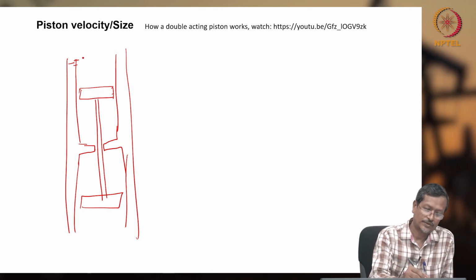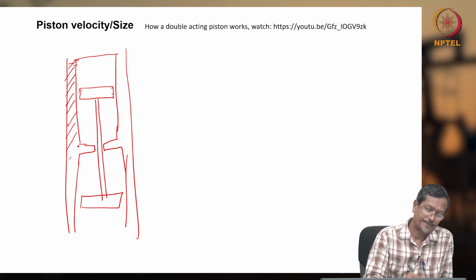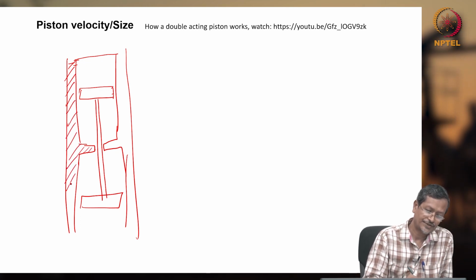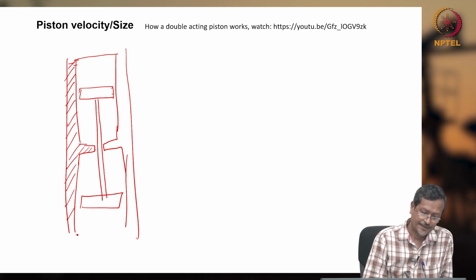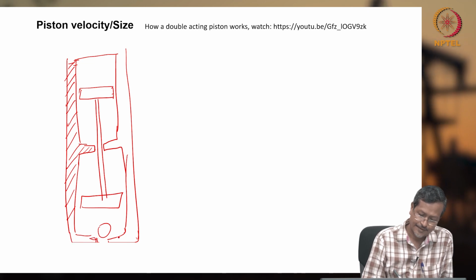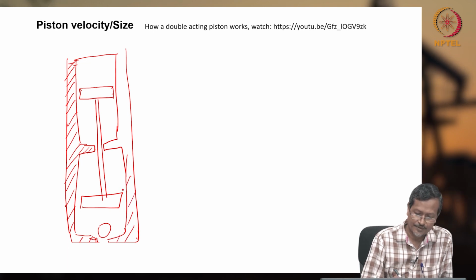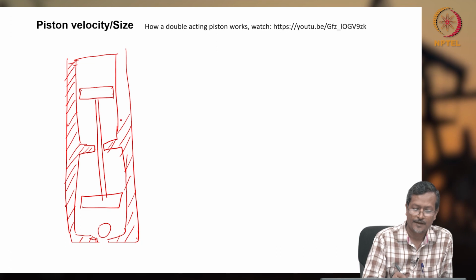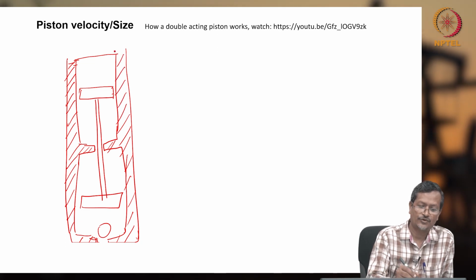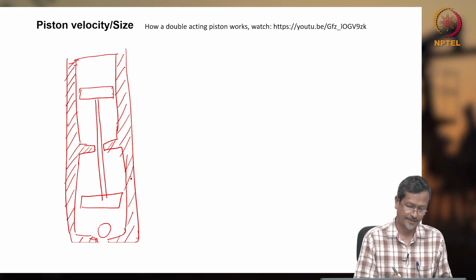Now how does this work? I'll shade this metal part with this cross sectional area, and I will have one valve here. Okay, so I'll shade everything. Here also I am shading because this is cross sectional area. If you go through engineering drawing, the cross sectional area we create shading with slant lines.